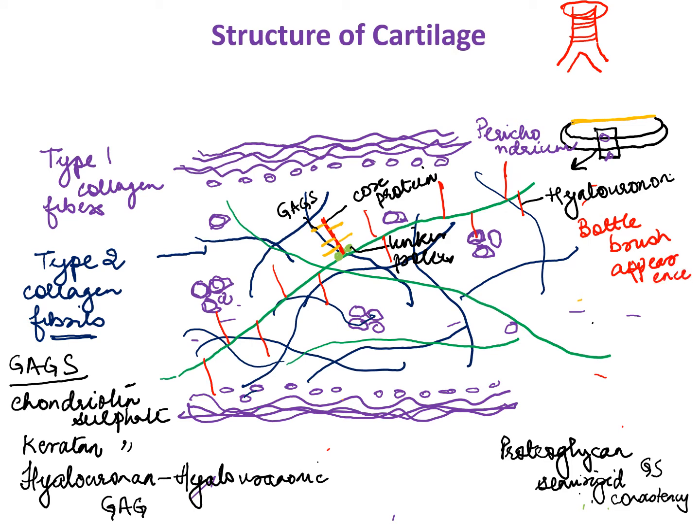Right? Plus, there are other multi-adhesive glycoproteins and other kinds of proteoglycans also present. But this is the major proteoglycan aggregate which is present within the substance of the cartilage. So ऐसे इस वाला जो hyaluronan molecule है, उसके ऊपर भी ऐसे ही linker proteins के through core proteoglycan monomers attached होंगे.